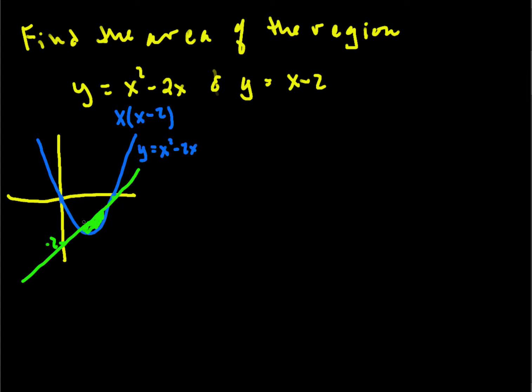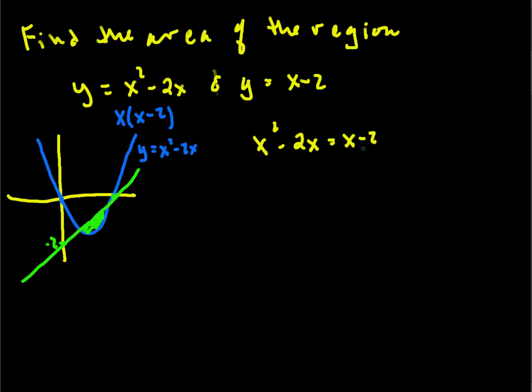First off, from the graph we can see one of the intersections, but where's the other one? So let's work out where they intersect. The first question is, when is x squared minus 2x the same as x minus 2?